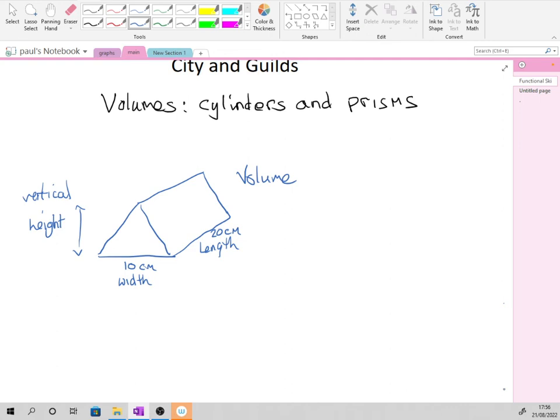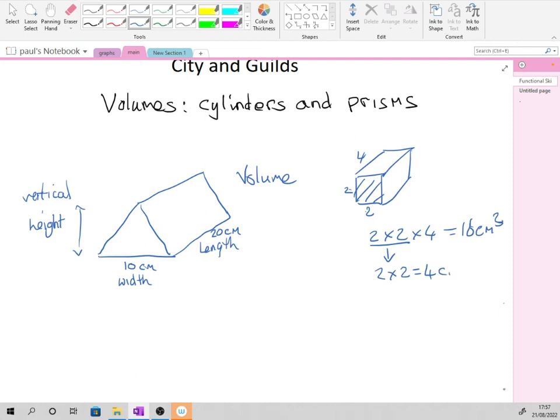Height, width times length. Now, remember when we did the cuboid in the last lesson, we did 2 times 2 times 4, and we noticed as a byproduct that if we multiplied the two front bits together, the 2 times 2, that equaled 4 centimeters squared.